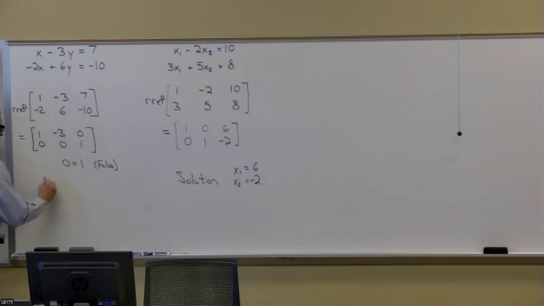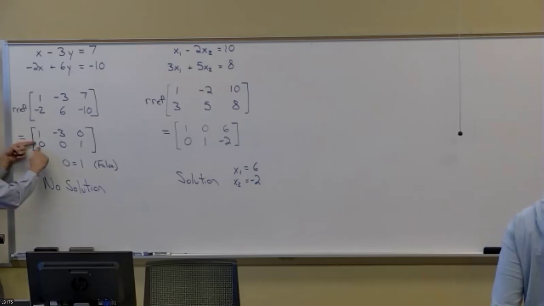This is the no solution version of RREF. It's when we have all zeros and then a 1 in one of our lines. If you ever have that in one of your lines, then it's a no solution.